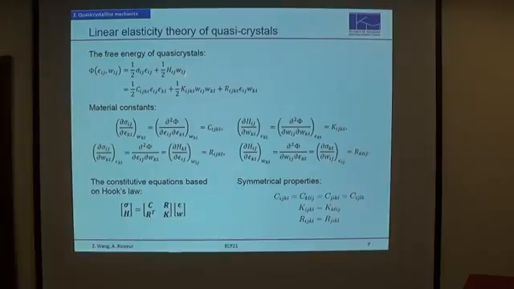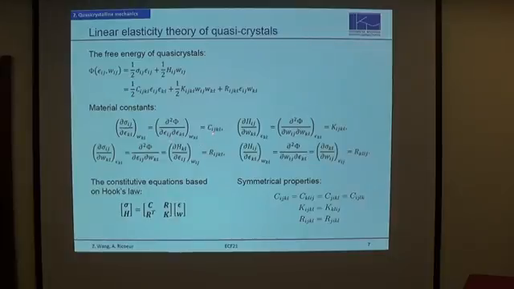This phason field also contributes to the free energy, and this is another definition: the phason displacement is not linear, but has a diffusive part. But in this work, we take only the linear part into account, and we can derive the material constants and the constitutive equation from the thermodynamic energy, with differentiation with respect to different state variables.